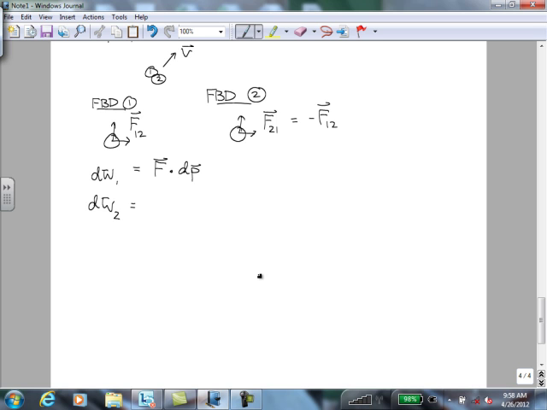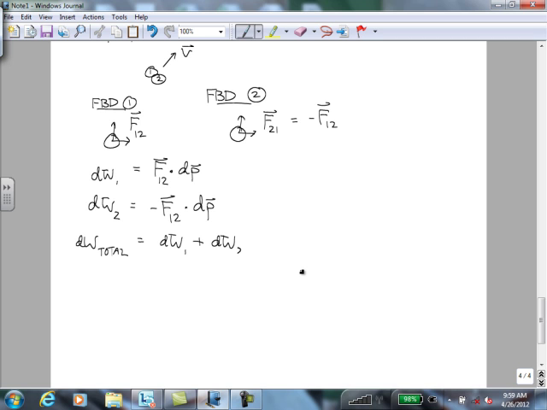This is equal to negative F12 dotted with that same incremental change in position. Okay, so the total increment in work, you add these two up and you get 0. Okay, that's when they do cancel.